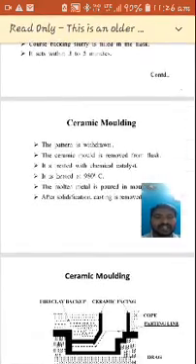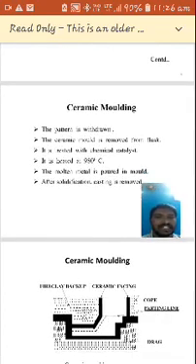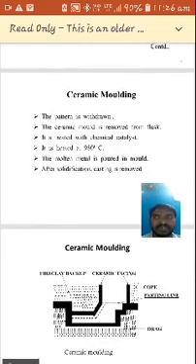The pattern is withdrawn, the ceramic mold is removed from the flask, and it is treated with the chemical catalyst. It is heated at 980 degrees centigrade. After removing the pattern from the mold, the molten metal is poured.